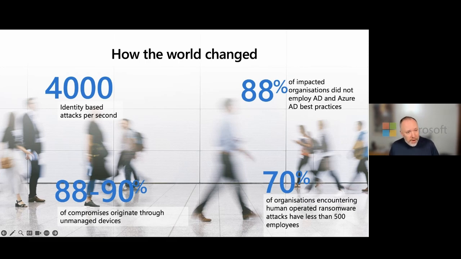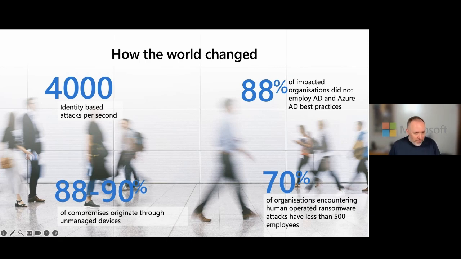There are a couple of other interesting tidbits of information, and this all comes out of our own research. We publish a report every year with that research, but we also find that in almost 90% of cases, attacks involved unmanaged devices. So if you are licensed for Intune and Defender for Endpoint, for example, deploy those technologies because they have a very real impact on reducing the risk to your environment.